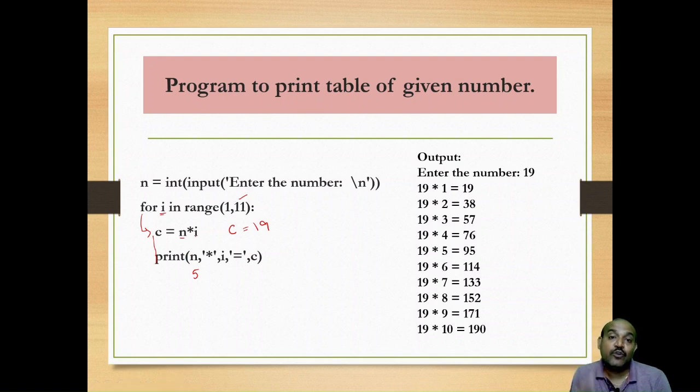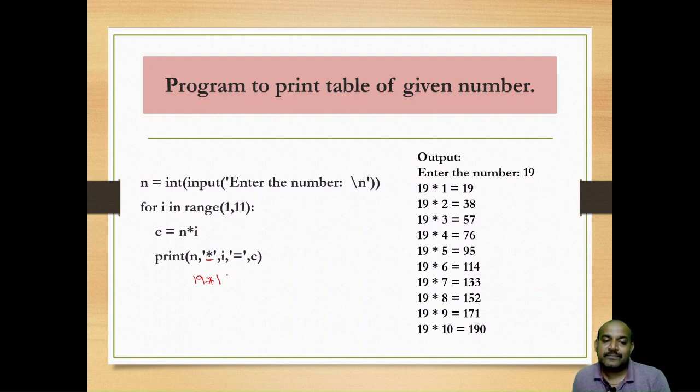I want the value of n. What is the value of n? It is 19. So, 19, and this I have written in the quotes, which means that same string will be represented, and I have not written quotes for I, therefore, the value of I will be considered. So, what is the value of I?